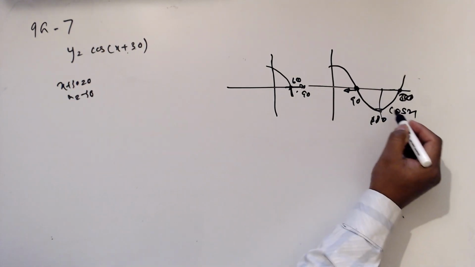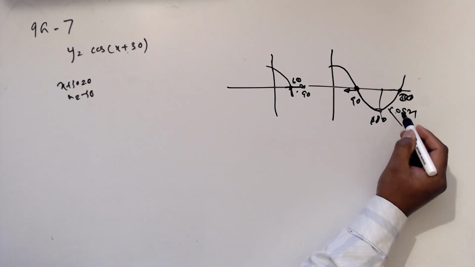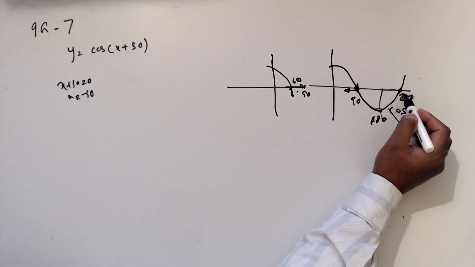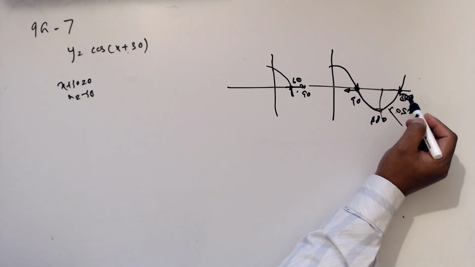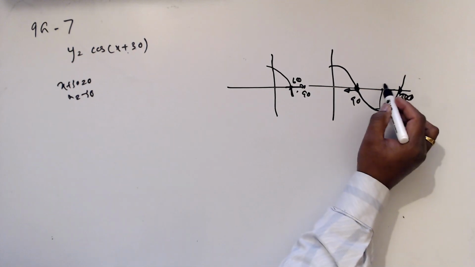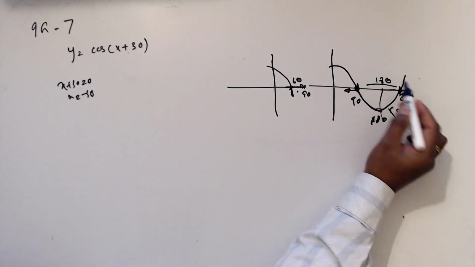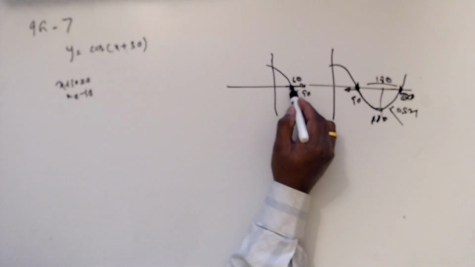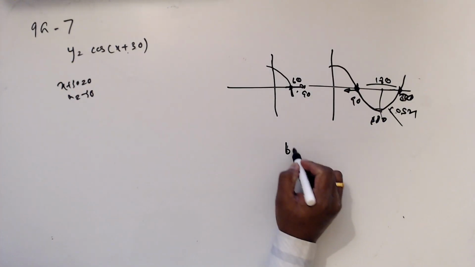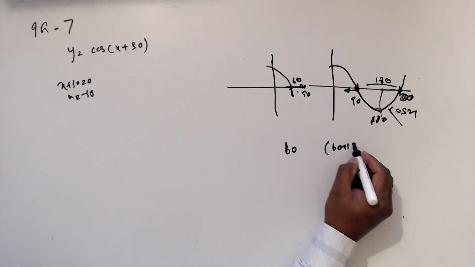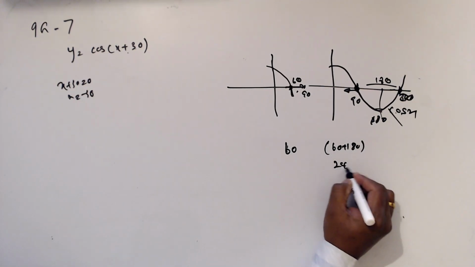Now, in the cos graph, the first point is 90, and the second crossing point is 270. What is the difference? 180. It means from here, on the next one you will get 60 plus 180, which is 240.